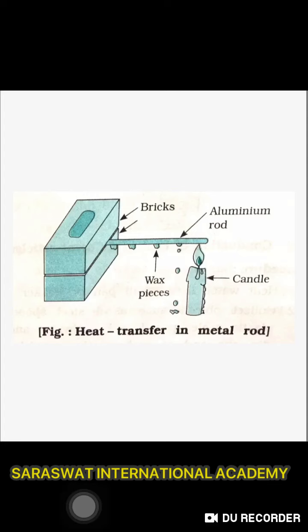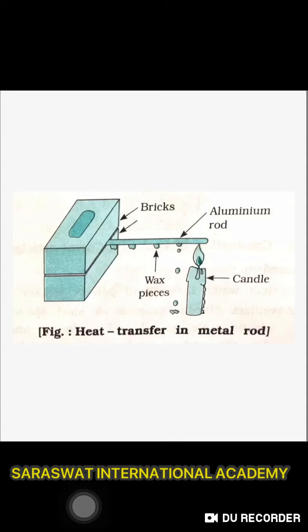Let us observe. Wax pieces start melting. Yes, the wax piece closest to the heating end of the rod falls first. After that, the second nearest wax piece and so on. Heat is transferred from the end nearest to the flame to the other end.